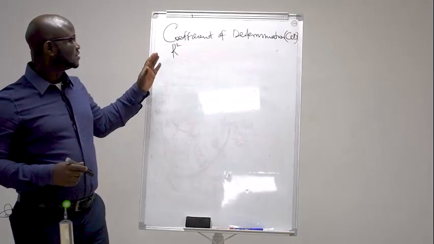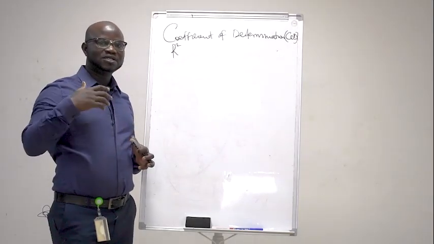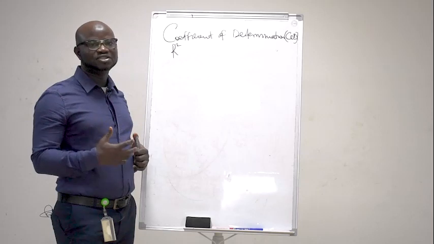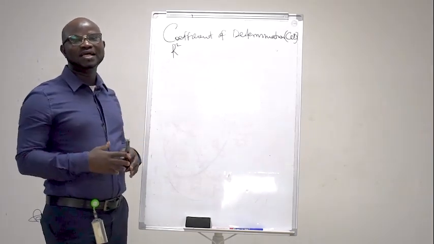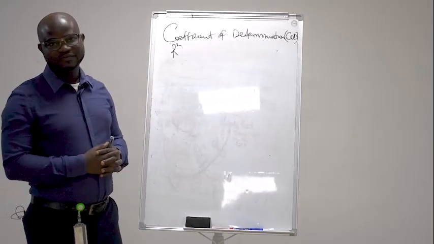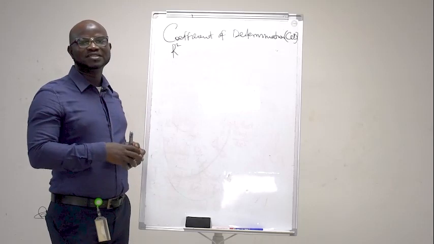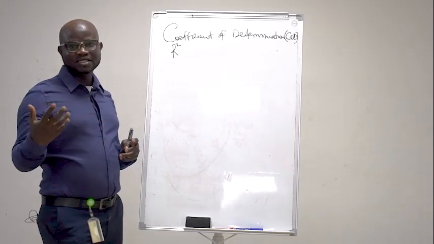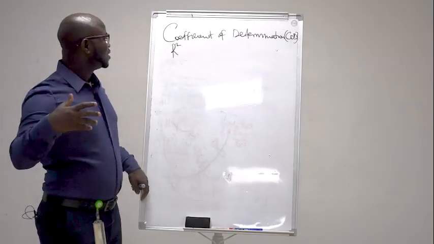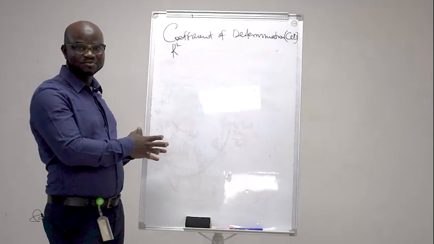R square, or the coefficient of determination, is the proportion or percentage of the dependent variable being explained by all the independent variables. That is, the variation in the explained variable being explained by all the explanatory variables, or a single independent variable if you consider simple regression analysis.